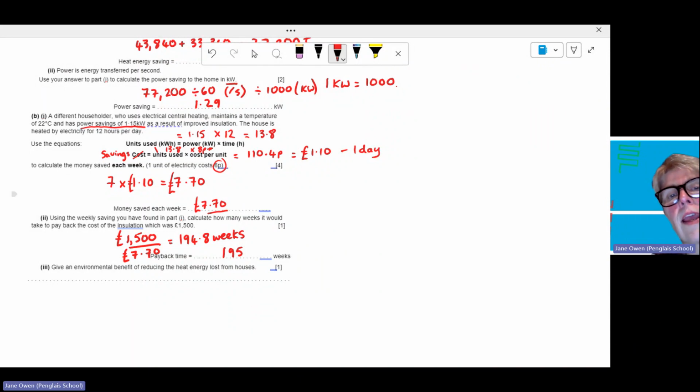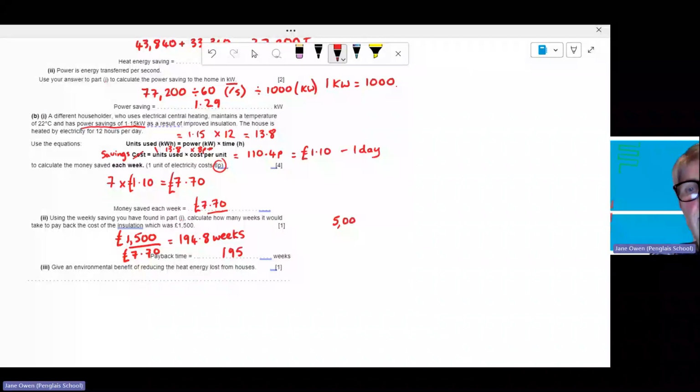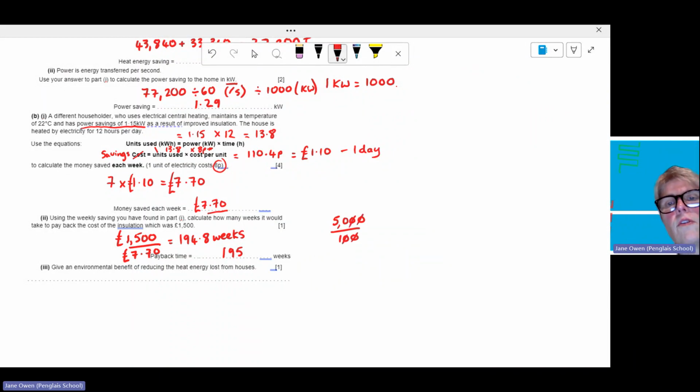How long would it take to pay back the initial cost of installing it at £5,000? And so £5,000 divided by 100, you can see that it's going to take 50 months, wouldn't it, until we pay back the costs of installing the solar cells, which would be around about 5 years.